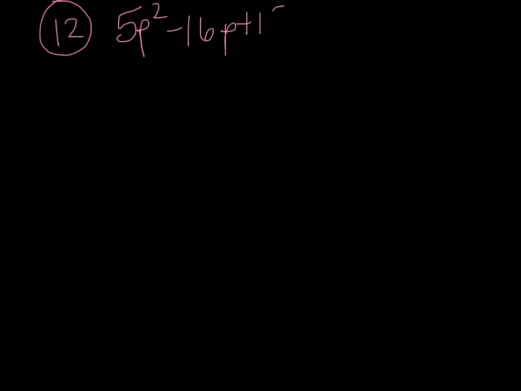Okay, the last example we're going to do in this set of notes is number 12. And we've got a few steps to do before we're even ready to think about starting to solve. Namely, combining like terms and making sure it's set equal to 0, because to solve a quadratic function, it must be set equal to 0.